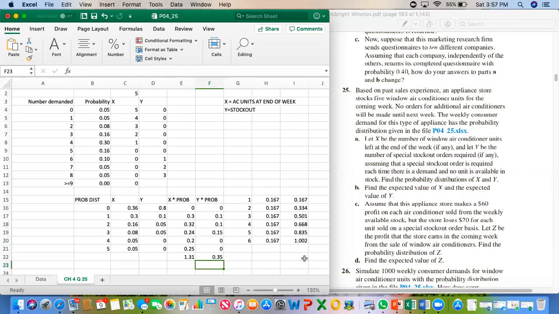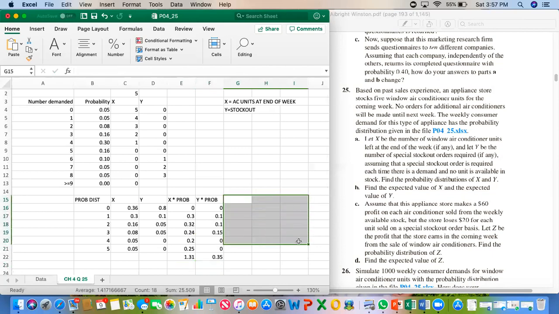All right, so now we need to assume that this appliance store makes $60 profit on each air conditioner sold from the weekly available stock. Now, let's get rid of the dice thing that we did, the G thing, just get rid of all that. So now we really need to figure out the $60 profit on each air conditioner sold.